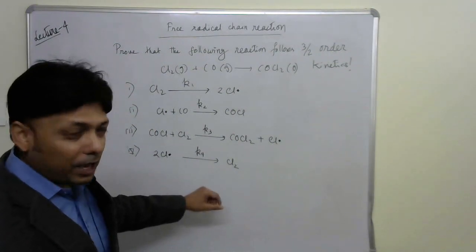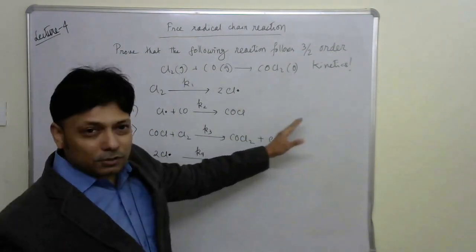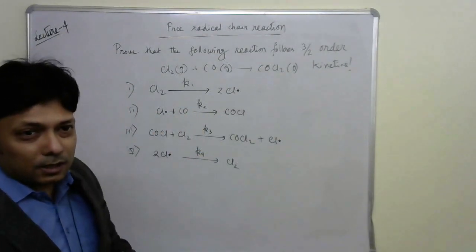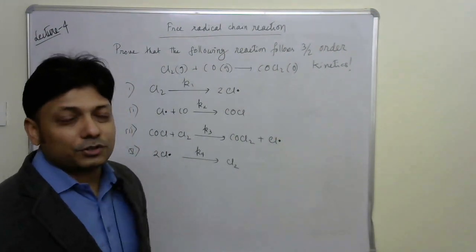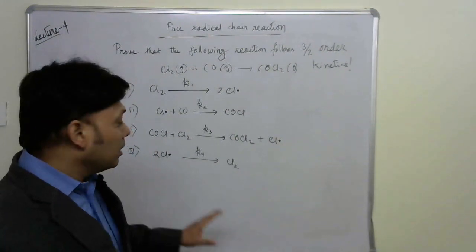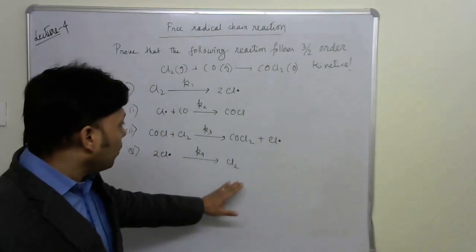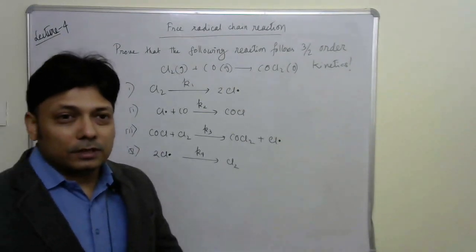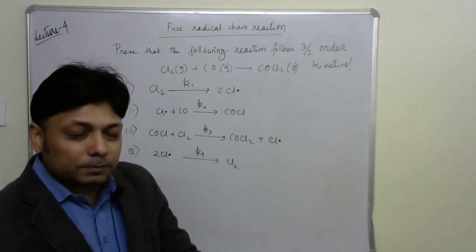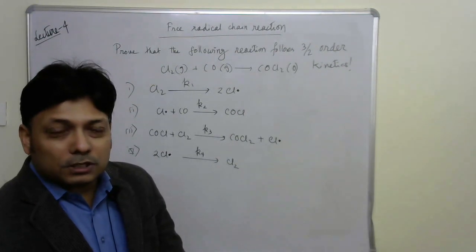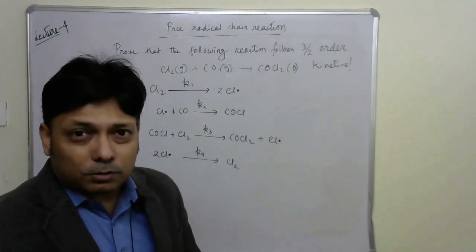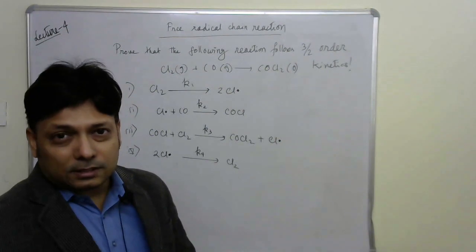So in a free radical chain reaction, the order is fractional, although it goes by multiple steps and none of the steps has zero or fractional molecularity. So if you are able to solve this problem successfully, then we assume that you have learned how to apply the concept of steady state approximation, and you may expect more problems like this in the form of tutorials, and also it may appear in the tests.